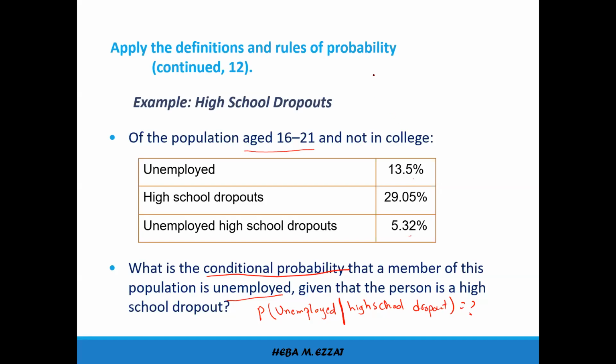To memorize the conditional probability rule, A given B will always equal their intersection divided by B. So it's the intersection between the two events divided by, or relative to, the size of the second event.